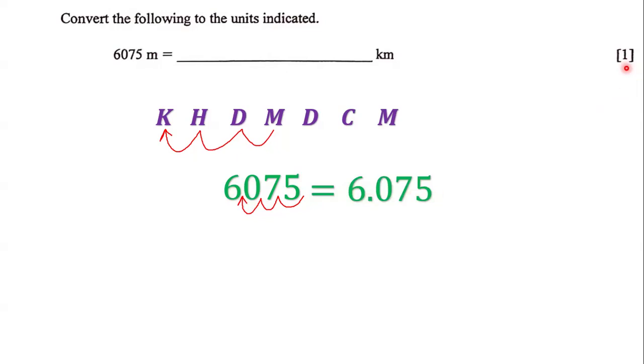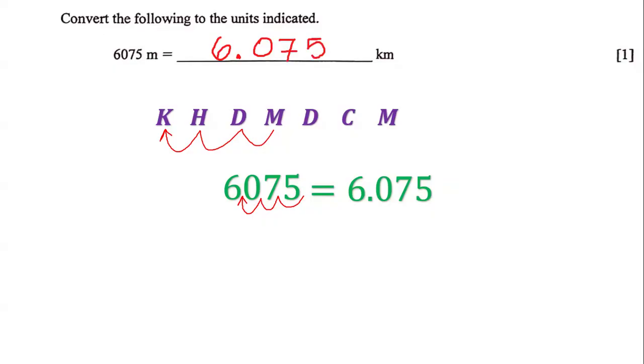This is only for 1 point. So I could literally put my answer right there because I'm done. I don't have to multiply, I don't have to divide, I don't have to do all that. All I did was move the decimal place 3 times to the left, and that's it, I'm finished.